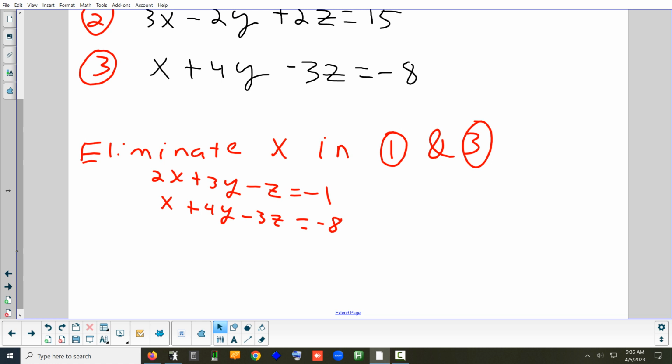So what equation could I multiply by something that would make the x's cancel out? And this is why I picked one that just had an x. Yep, multiply the bottom equation by -2. So let's do that and keep the top the same.